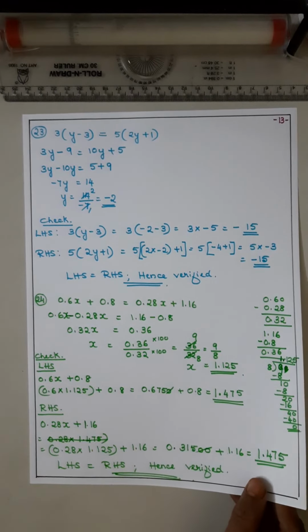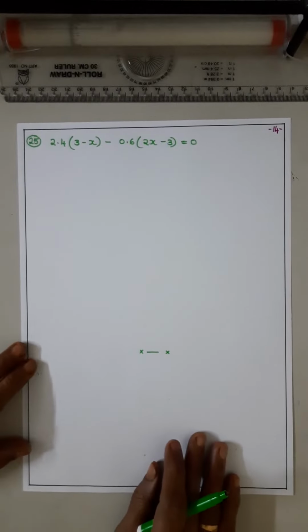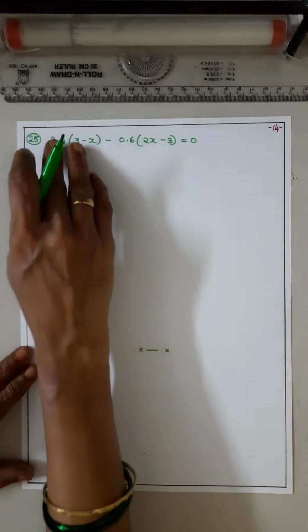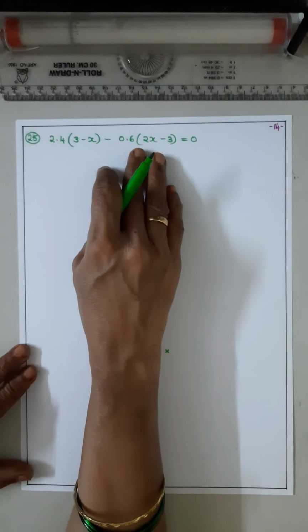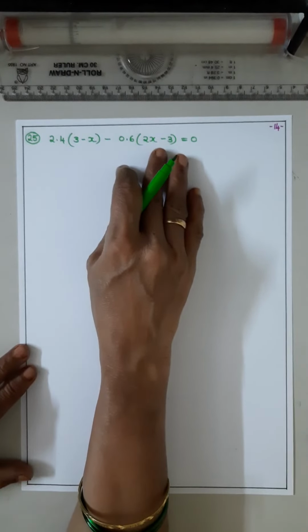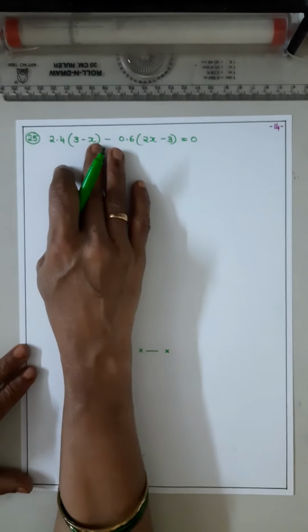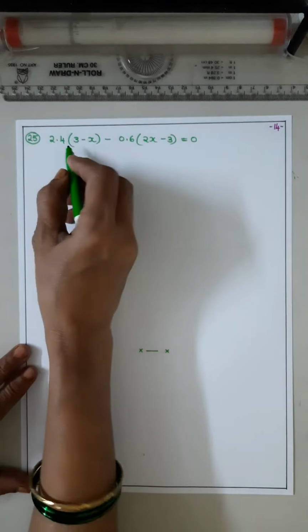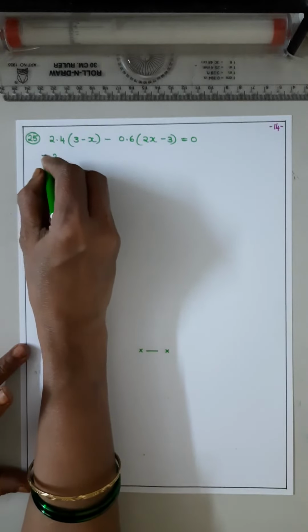Okay, now coming to the last sum, that is the 25th sum. 2.4 into (3 minus x) minus 0.6 (2x minus 3) is equal to 0. Multiply 24 into 3. 3 4s are 12. 1, 3 2s are 6, 7.